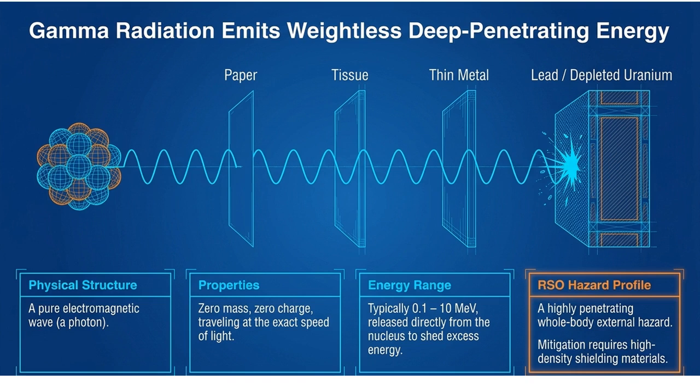Gamma radiation emits weightless, deep penetrating energy. Gamma radiation is emitted as pure electromagnetic waves called photons. Traveling at the speed of light with zero mass or charge, gamma rays are released directly from the nucleus to shed excess energy.